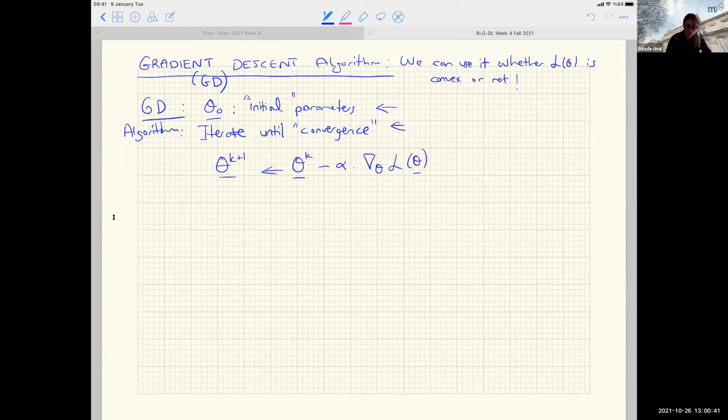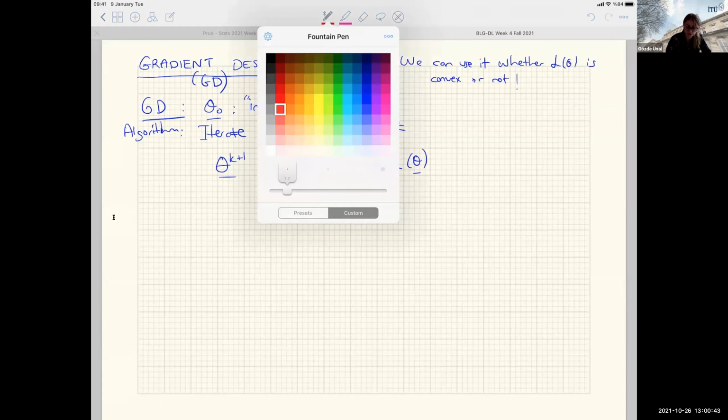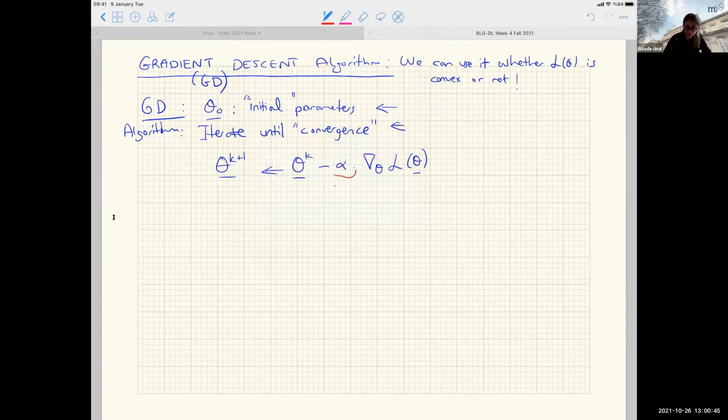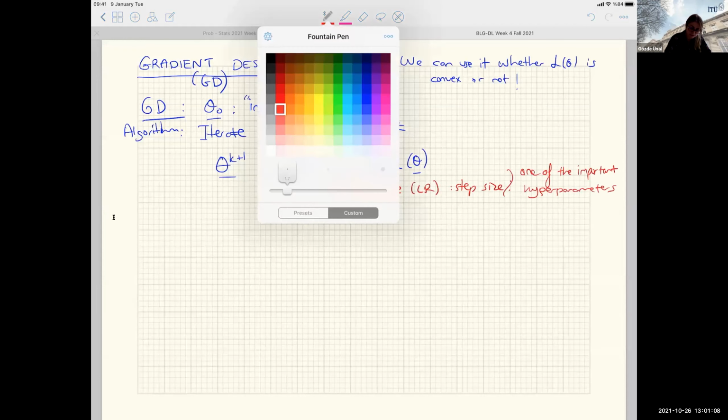In deep learning we call this the learning rate, but it's really the step size, and it's one of the important hyperparameters of these models in deep learning.